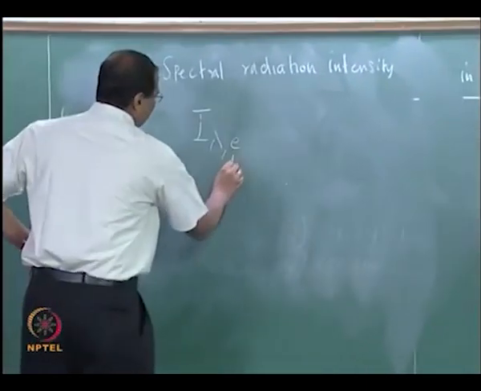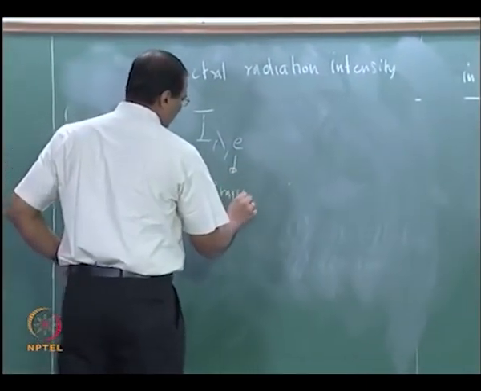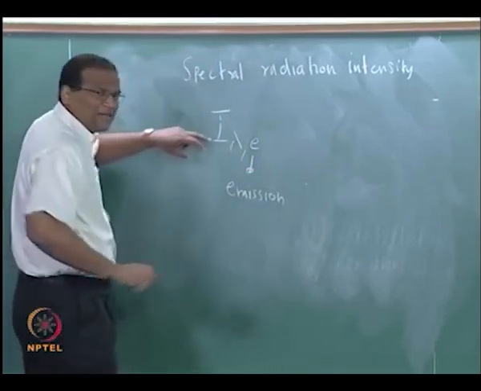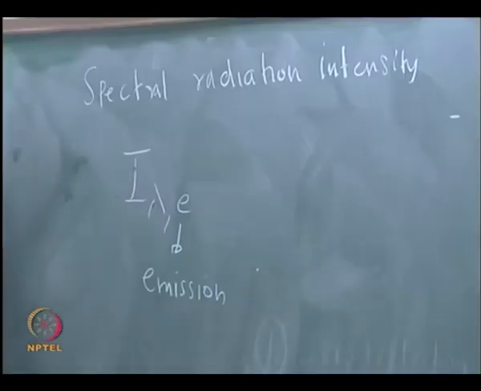E denotes it is emission, it is applicable for reflection and other things also, but we have to start somewhere, right, so I will consider emission, okay. So this is called the spectral radiation intensity.